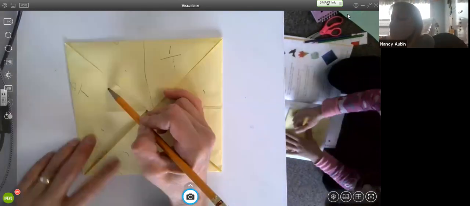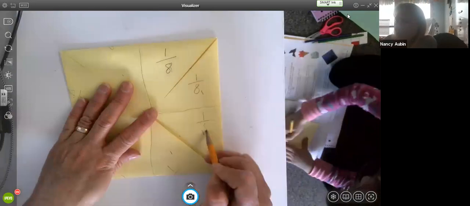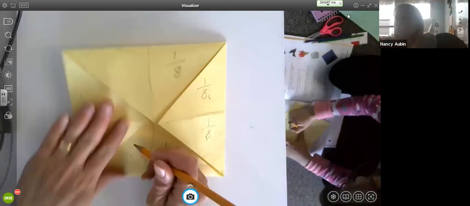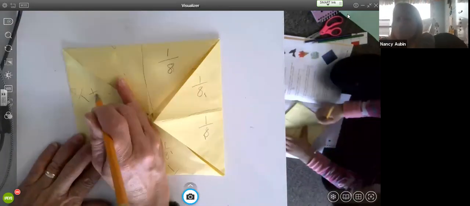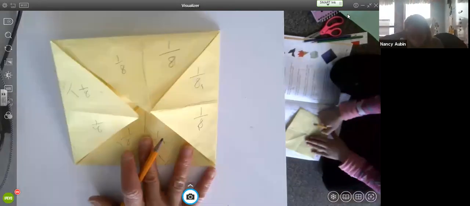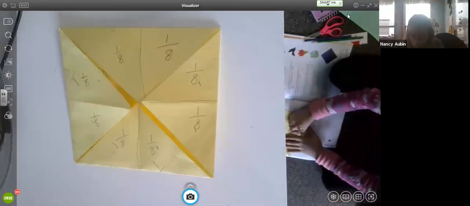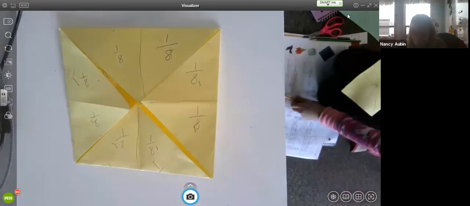So each one of these triangles is 1/8, because we know that we have 8 equal parts. So each one is 1/8. So there are 4 triangles of equal area covering 4 more triangles of equal area underneath. Pretty crazy.